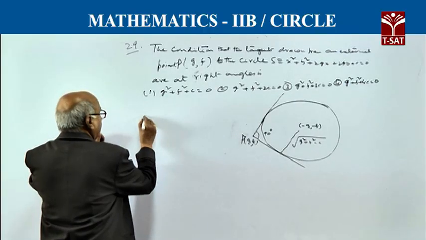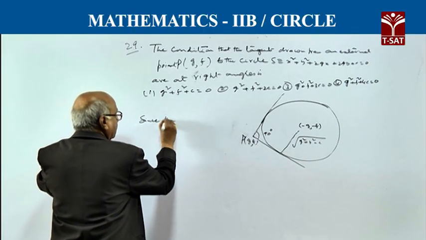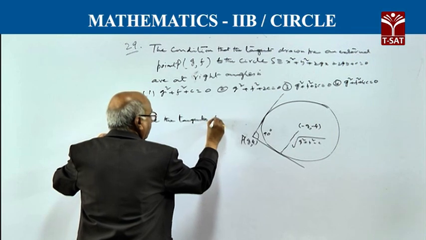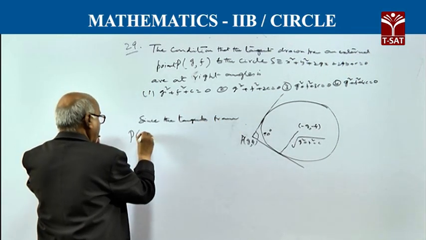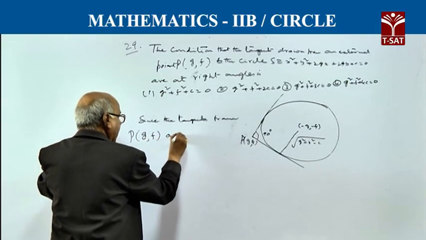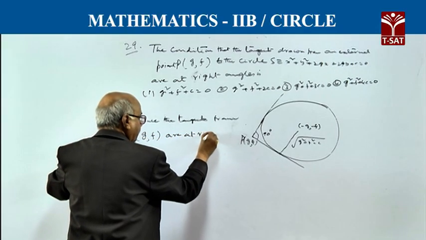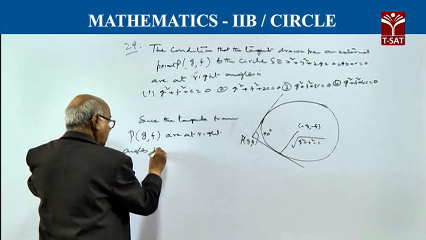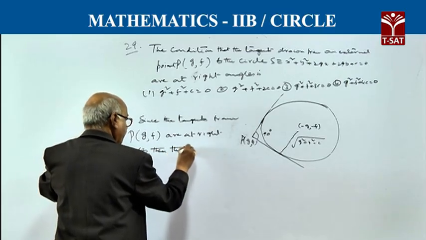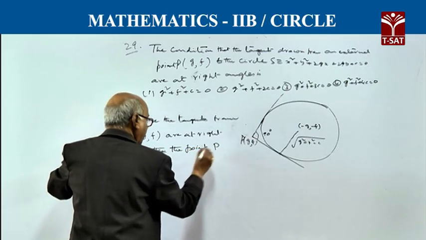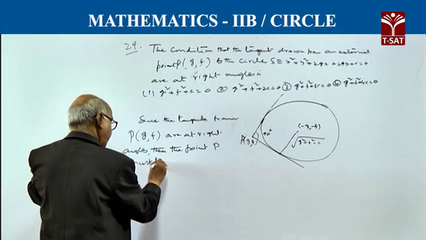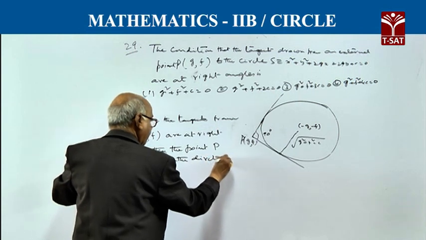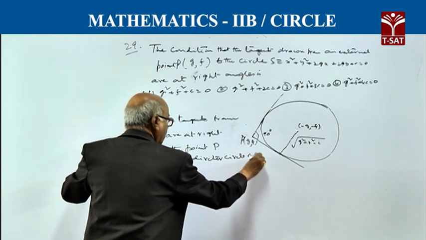Now, since the tangents from P (g, f) are at right angles, then the point P must lie on the director circle of S equal to 0.